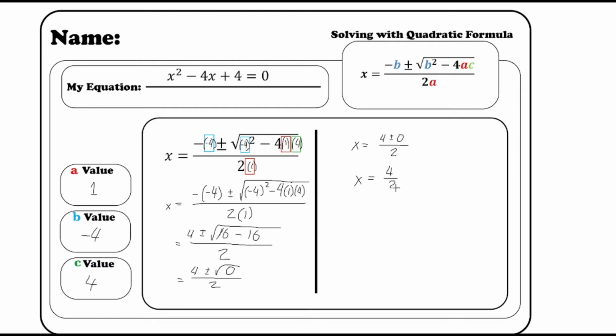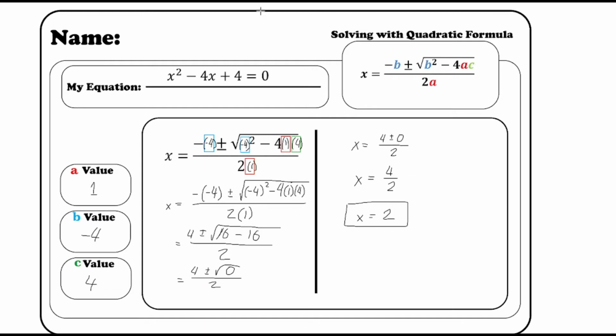So, we have 4 over 2. So, in this case, 1 value lang ang meron tayo for our x or for the variable x. So, simplifying 4 divided by 2, that will give us 2. Okay? So, x or the solution for the equation x squared minus 4x plus 4 equals 0 is 2.